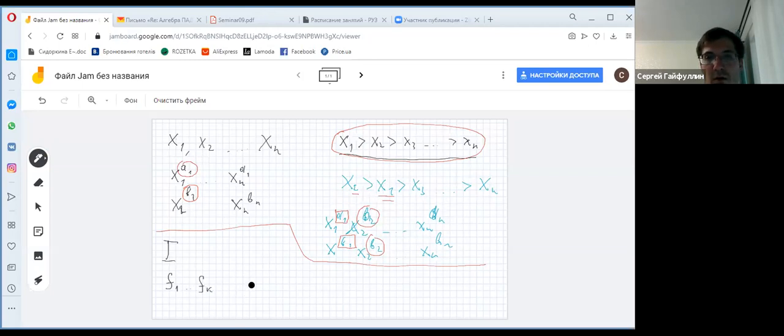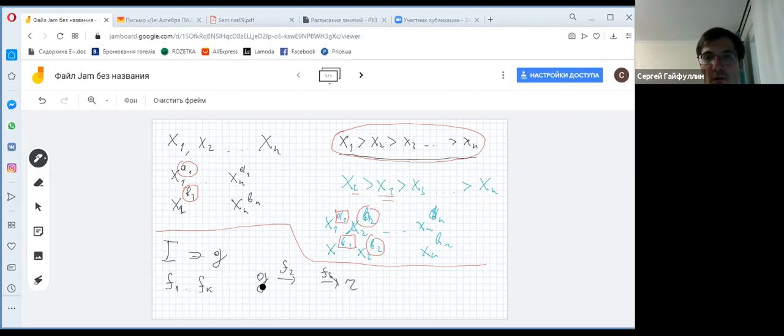Then I can take an element g in this ideal I, and g can be reduced by some number of reductions by, for example, f2, and so on, fs, to some remainder.